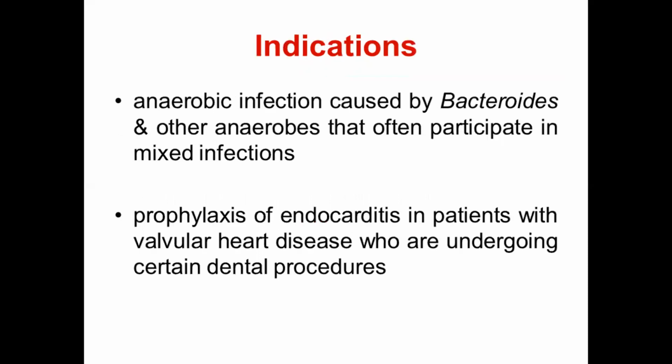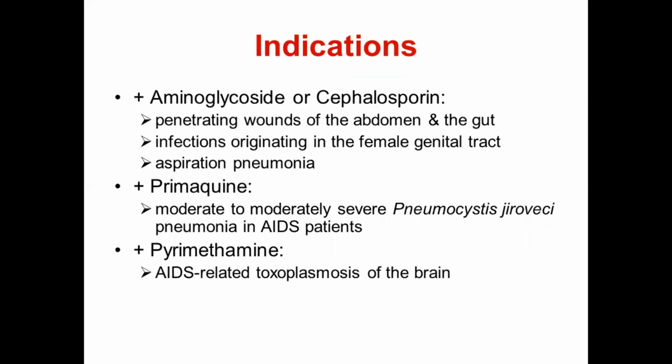So, the indication is for anaerobic infection, prophylaxis of endocarditis with valvular heart disease, and clindamycin is usually combined with aminoglycoside or cephalosporin for penetrating wounds, infection originating in the female genital tract, and aspiration pneumonia. Combined also with primaquine for Pneumocystis jirovecii pneumonia in AIDS, and pyrimethamine for toxoplasmosis.